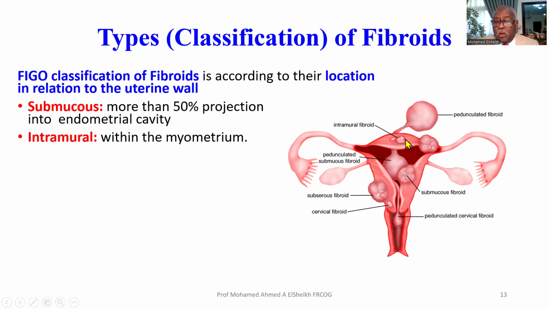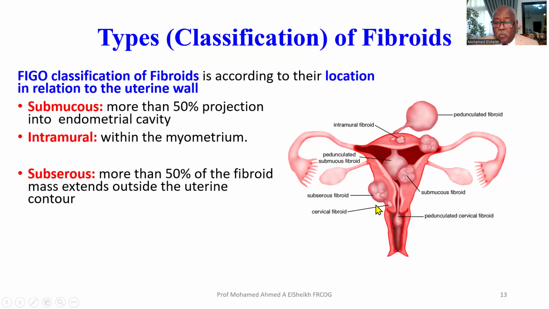And this is the intramural one here, where it is within the myometrium. Submucous here, intramural here. Third group is the subserous fibroid here. 50% of the fibroid mass extends outside the uterine contour or the uterine wall.